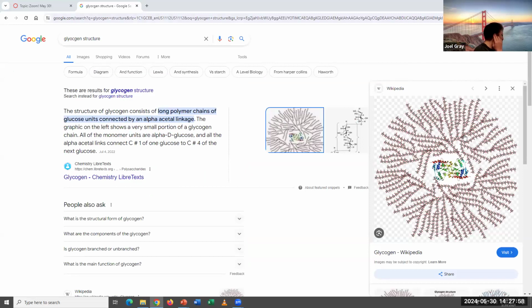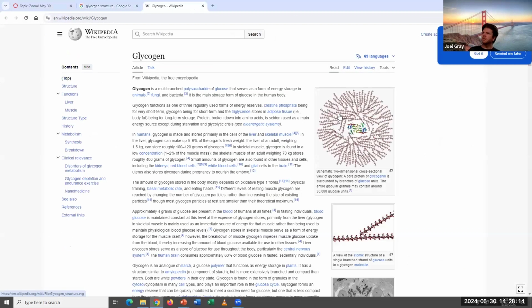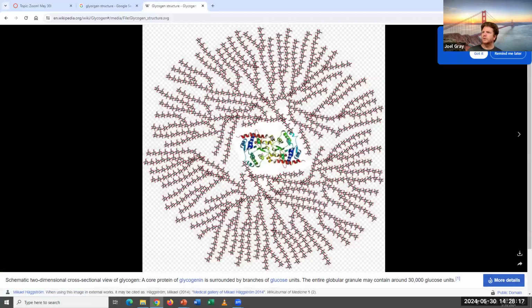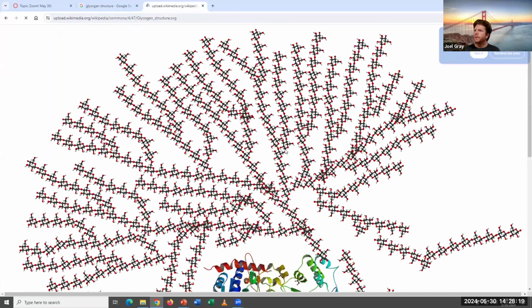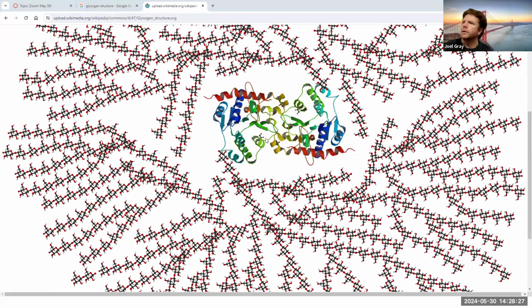Now, what I want you to notice is that in the center of it, there's a molecule known as glycogenin. Glycogenin is a protein that glycogen is built off of. But what I want you to notice about this, and I'm going to zoom in, is that you can follow one of the strings more or less.